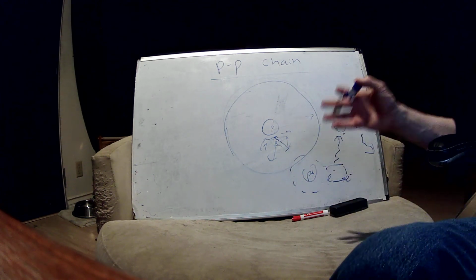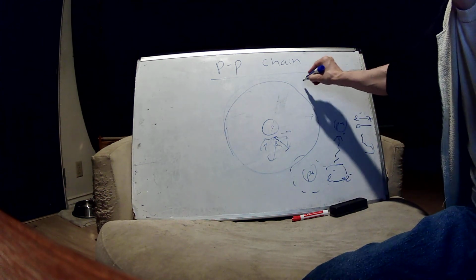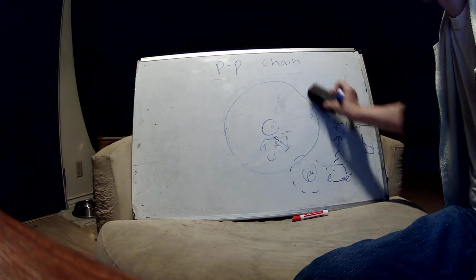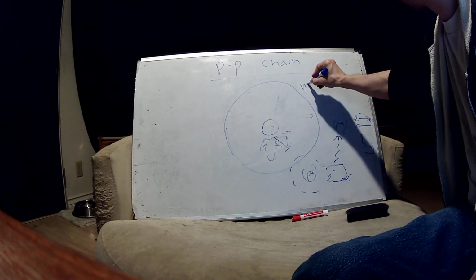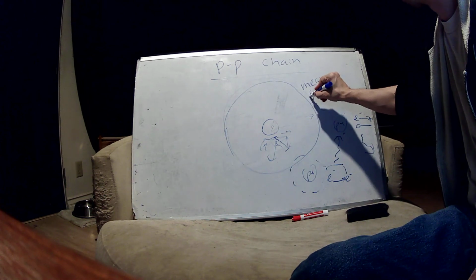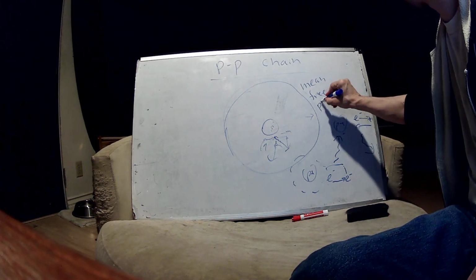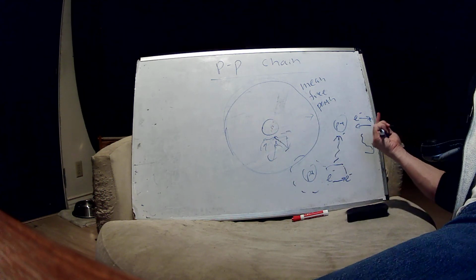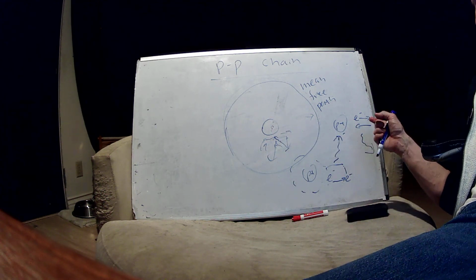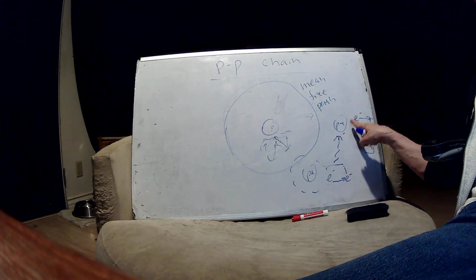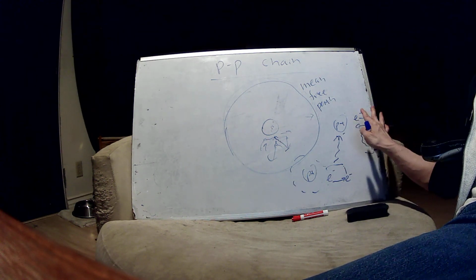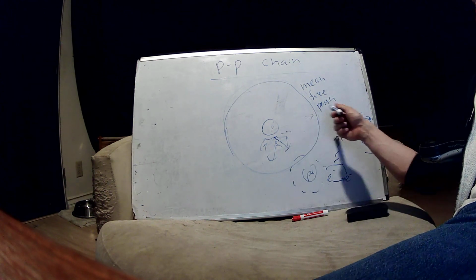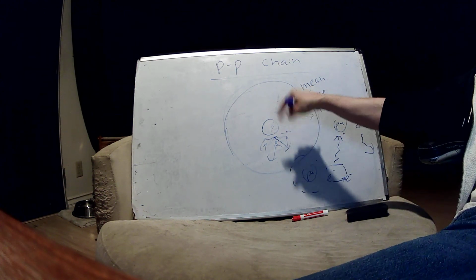The average distance in between particles, what we call the mean free path, the average distance that's open, that you're actually going to be able to go before you get absorbed by another hydrogen atom or whatever, and then re-emitted again, that average distance is greater towards the surface.